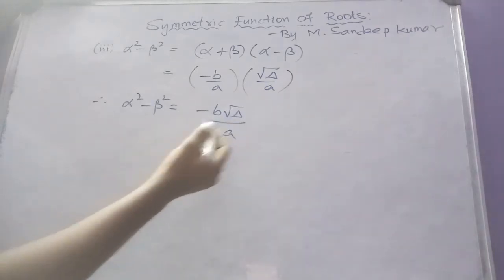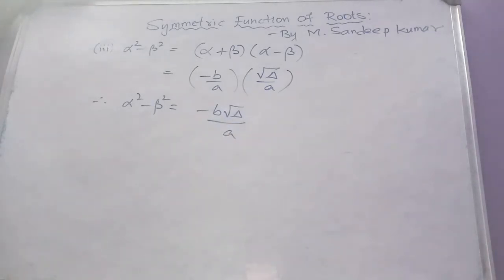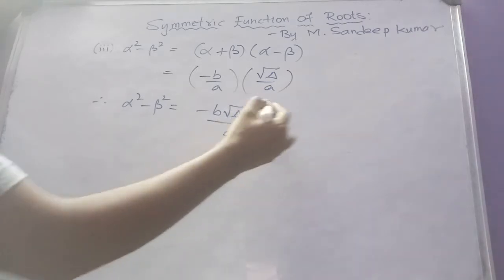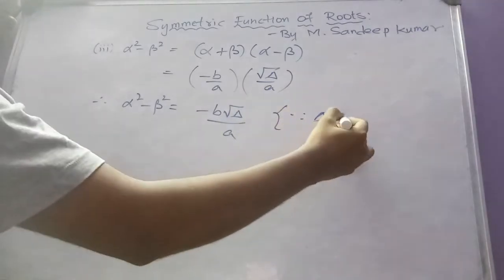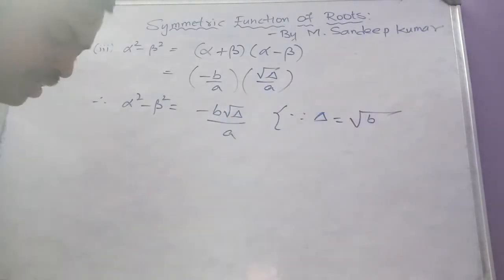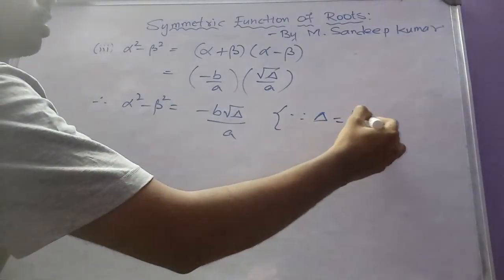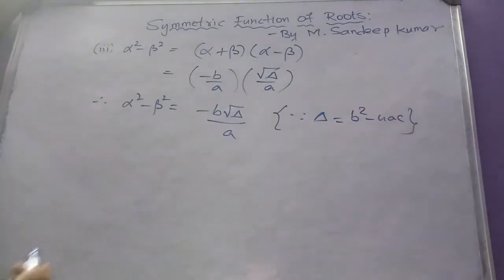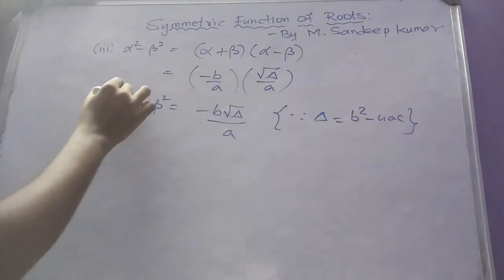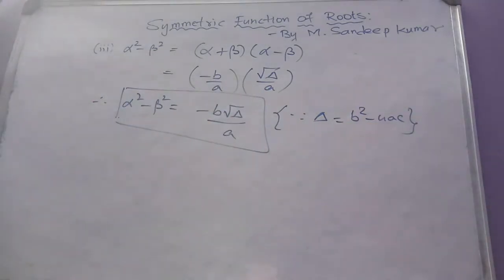Right? Where delta is b square minus 4ac. Alpha square minus beta square is equal to minus b into root delta by a.